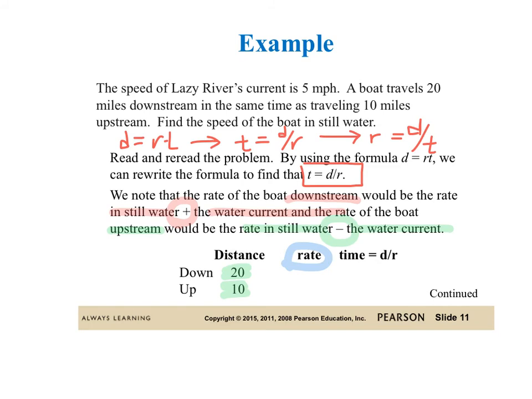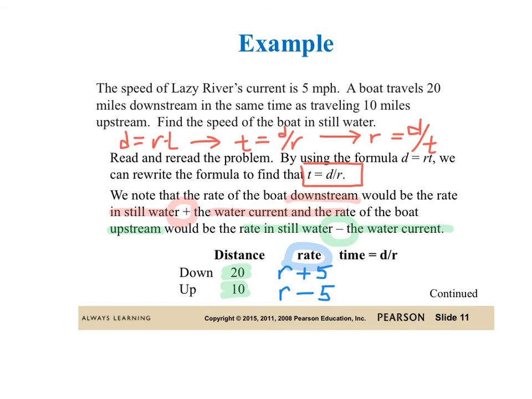So knowing what we know, it goes 20 miles when the rate is the rate of the boat in still water plus 5 miles an hour for the current. And when it goes upstream, going against the current, its rate in still water is being pushed back by the current of the river, so it's the still water rate minus 5 miles per hour. The time is distance over rate.